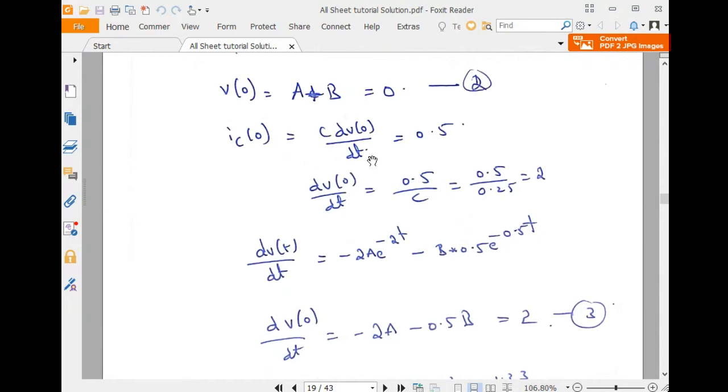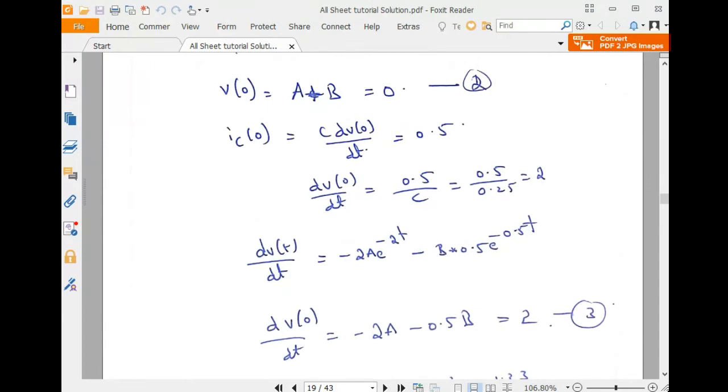So IC of 0 equals C dV of 0 by dt equals 0.5. We got IC of 0 and IL of 0 both the same, 0.5. Now dV of 0 by dt equals 0.5 by C. The value of C is given, 0.25. Then dV of 0 by dt will be equal to 2. Set this value aside.